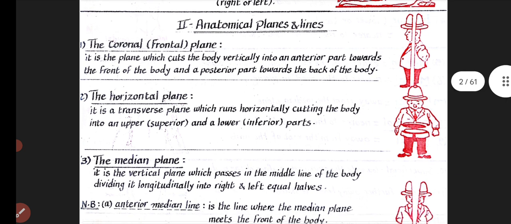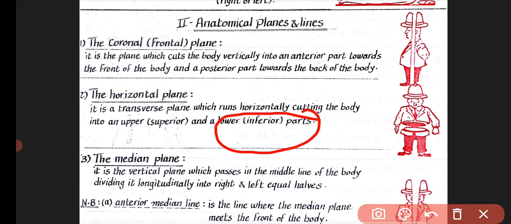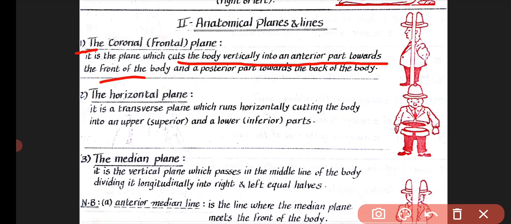First is the coronal plane. The coronal plane cuts the body vertically into an anterior part, towards the front of the body, and a posterior part, towards the back. This is the coronal or frontal plane. This is the anterior portion. This is the posterior portion.